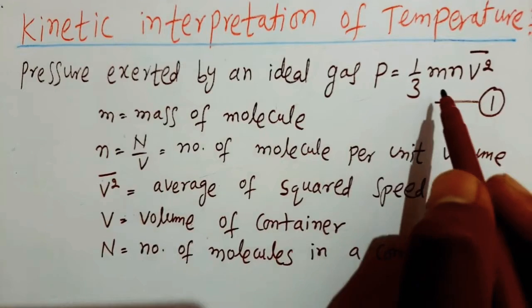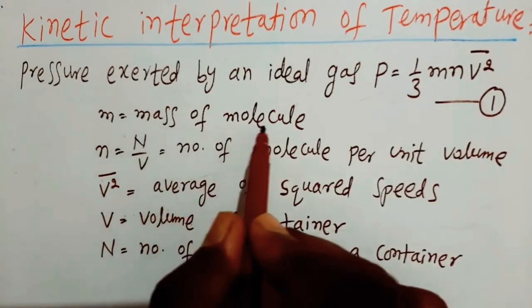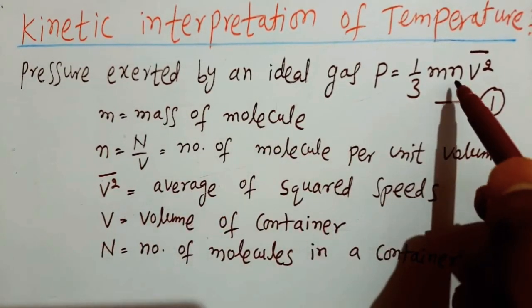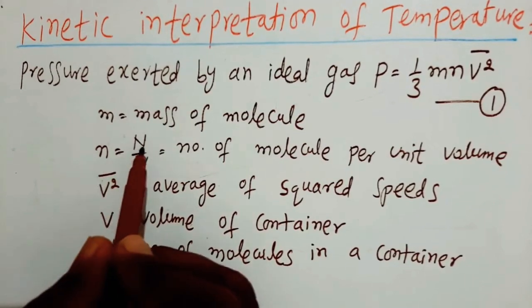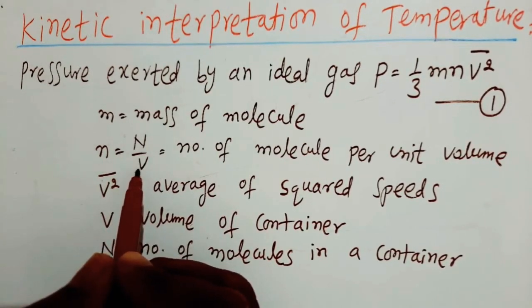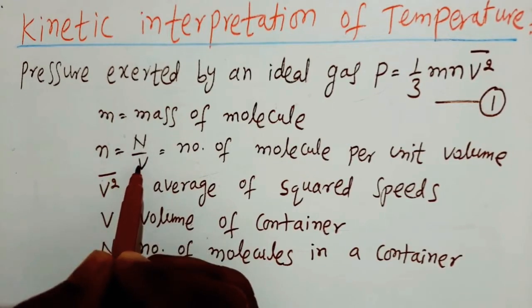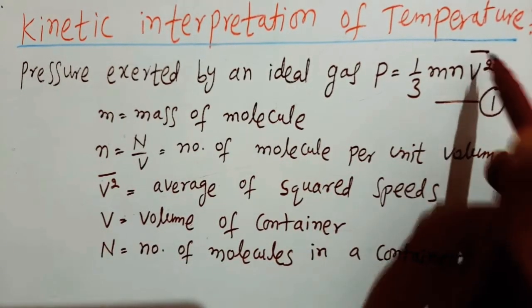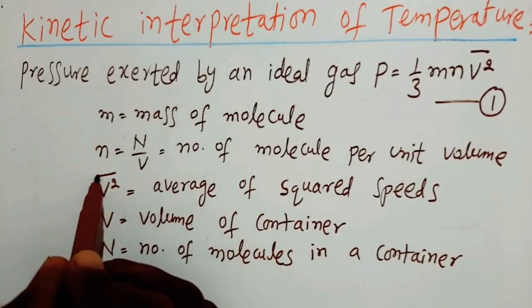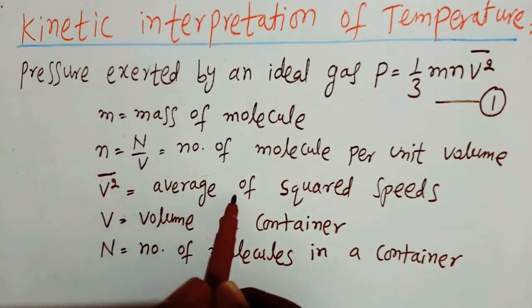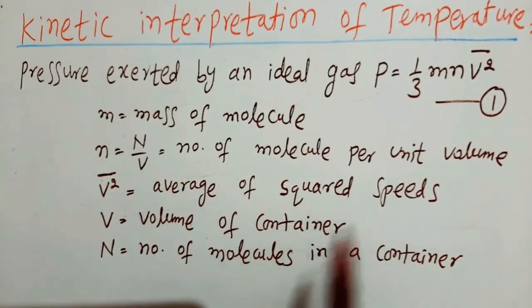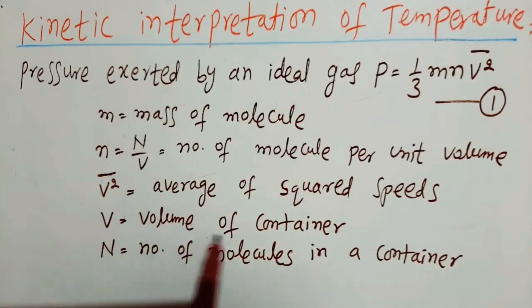Here m is the mass of the molecules and small n = N/V, that is, the number of molecules per unit volume. Here v² bar, where bar means the average of squared speeds. V is the volume of the container and N is the number of molecules in the container.